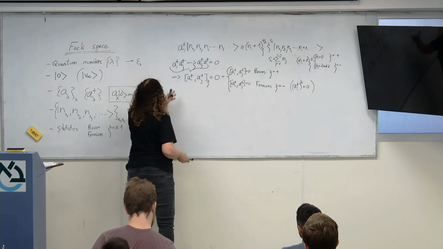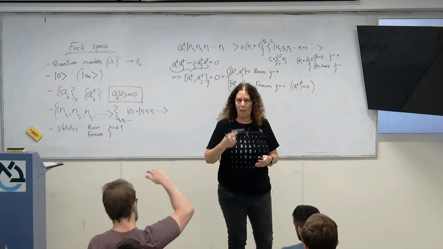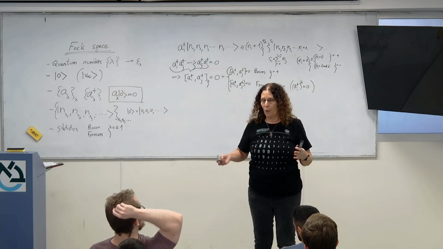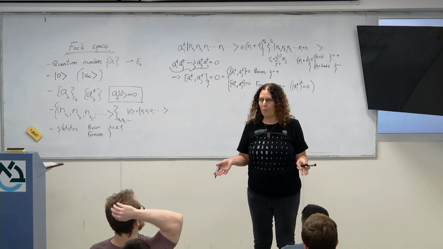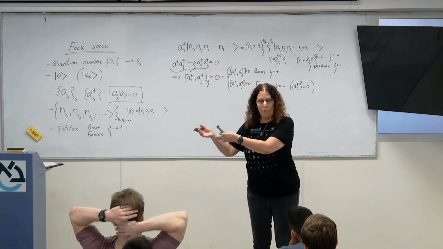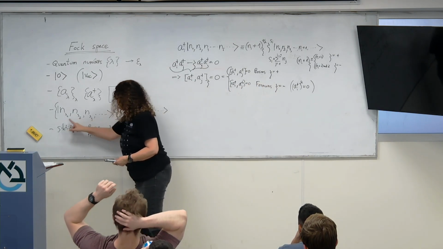Okay, so this is the thing, and now the last thing that we got from this is that a dagger in particular creates a single particle when it acts on the vacuum, right? So you can start from a vacuum, which is the empty state, and apply a dagger once and again for each lambda, and that's how you get these states.